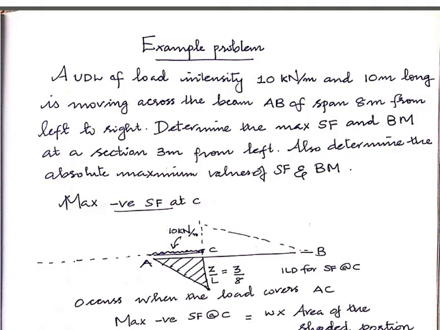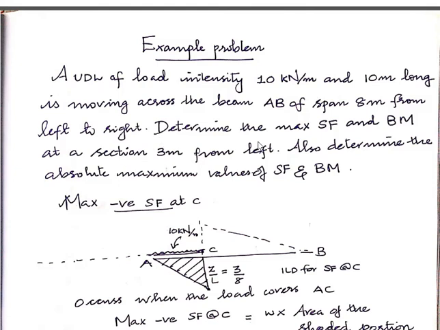The load intensity of UDL is 10 kilonewton per meter and the UDL is 10 meter long. It is moving across the beam AB of span 8 meter, which means obviously the UDL is longer than the span of the beam AB.